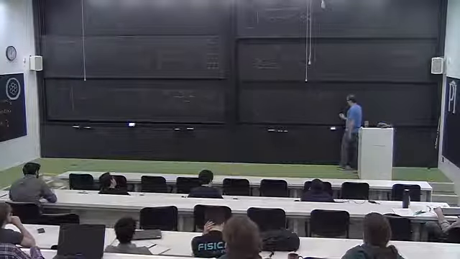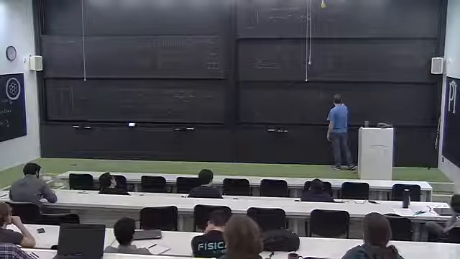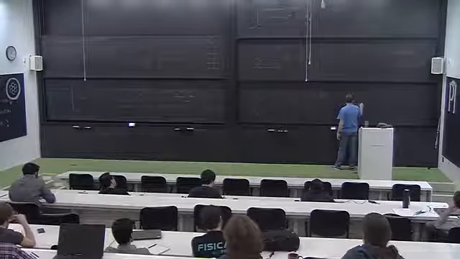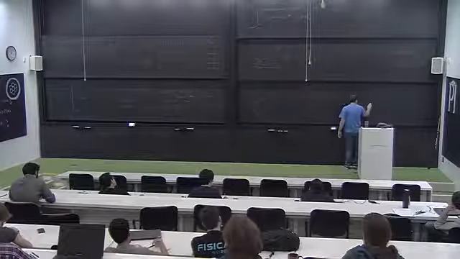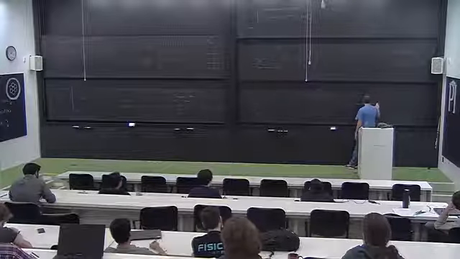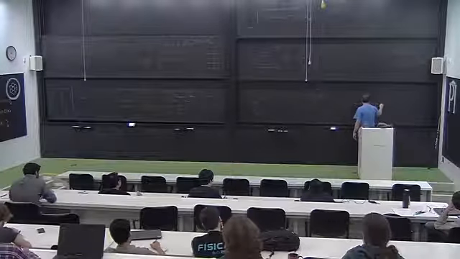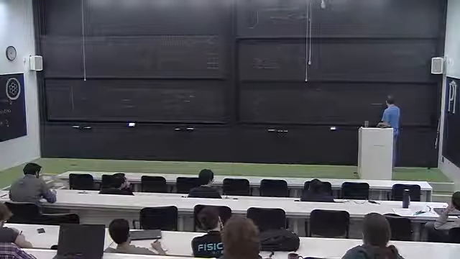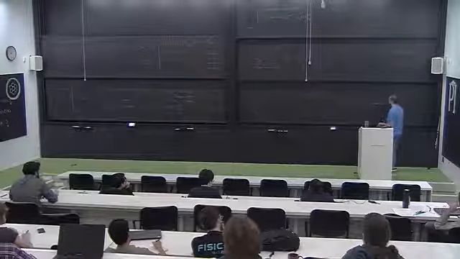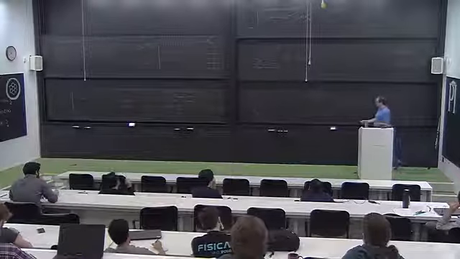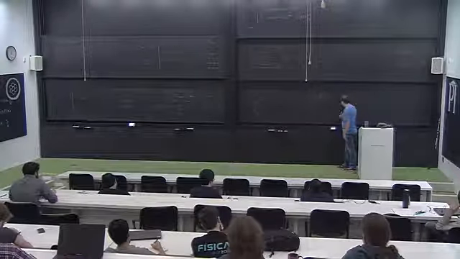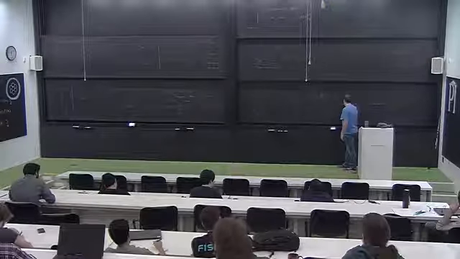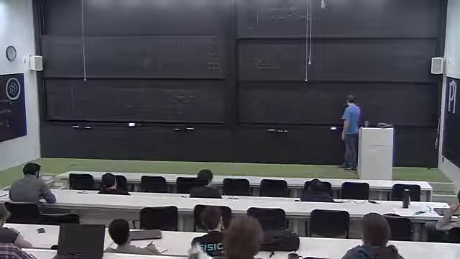But remember, r was e to the tau. So tau to minus tau is an inversion. The transformation that flips tau to minus tau is an inversion that flips r to 1 over r. So this A of minus tau is nothing but the inversion of A of tau, the inversion applied to it.